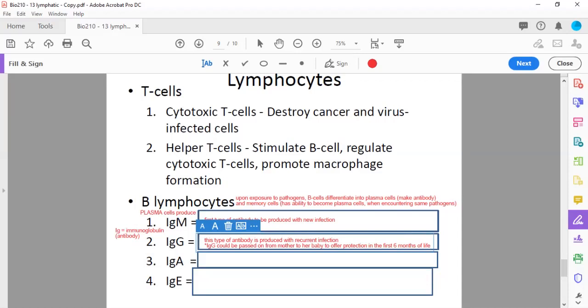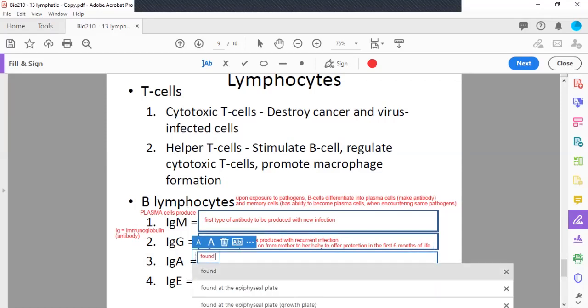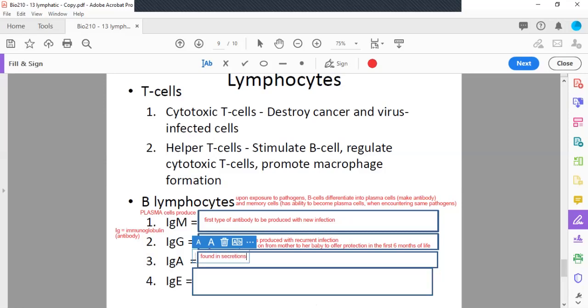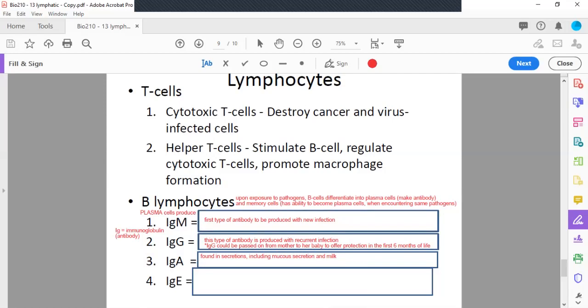Okay. Now, IgA can be found in secretions, including mucus secretion and milk, the secretions in general, released onto a surface.